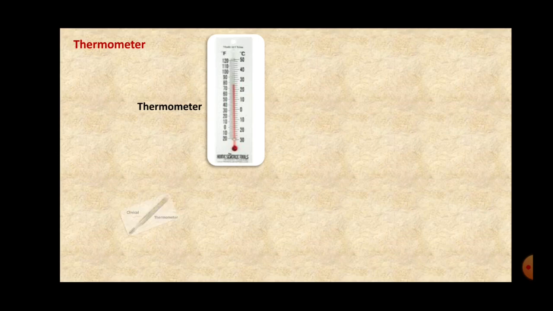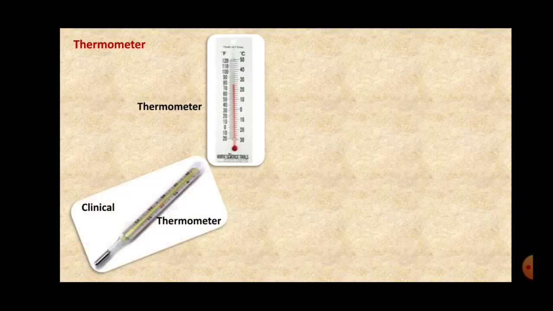Then the second type of thermometer is the clinical thermometer, which is generally used by us to measure the temperature. Now we know that the body temperature of a healthy person is 37 degrees Celsius. So clinical thermometers are designed to measure temperatures between 35 degrees Celsius and 42 degrees Celsius.